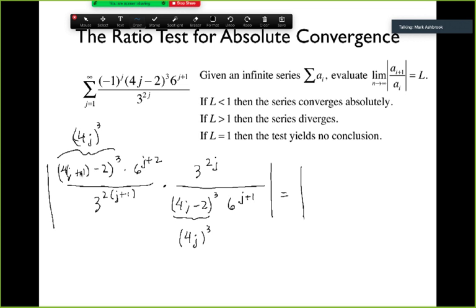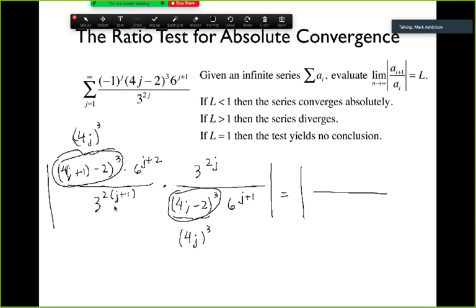The biggest term I'll get here is 4j plus 4, and so 4j cubed. So what about combining those? What's my limit combining those? 4j cubed and 4j cubed. 1, right? So combining, putting these together and looking at the limit, that's 1.